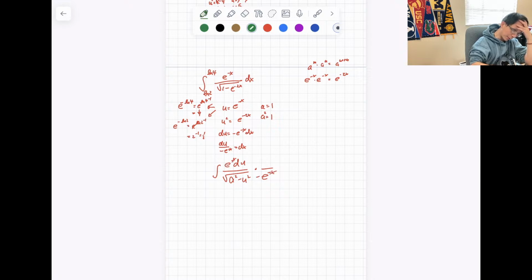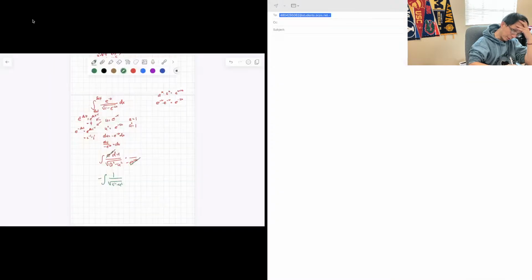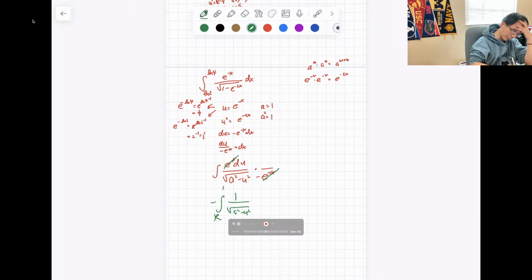This will cancel out. And the negative sign in the front. 1 over root a squared minus u squared between 1/2 and 1/4. Does that make sense?